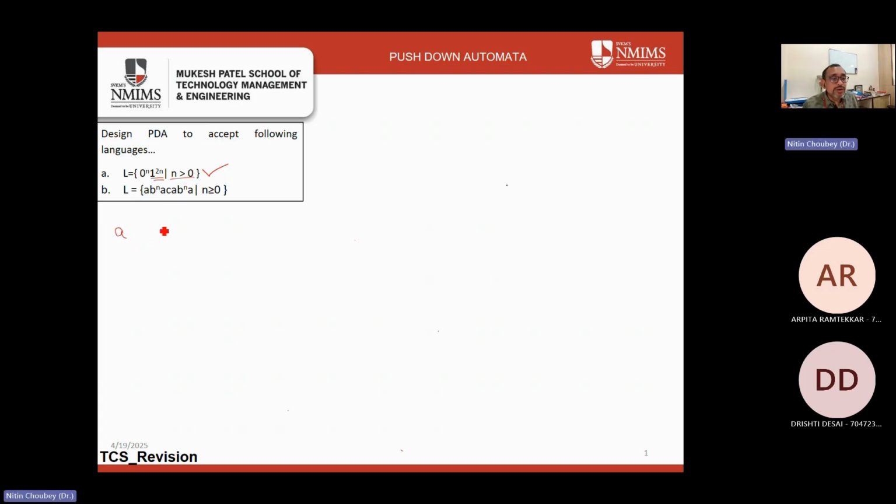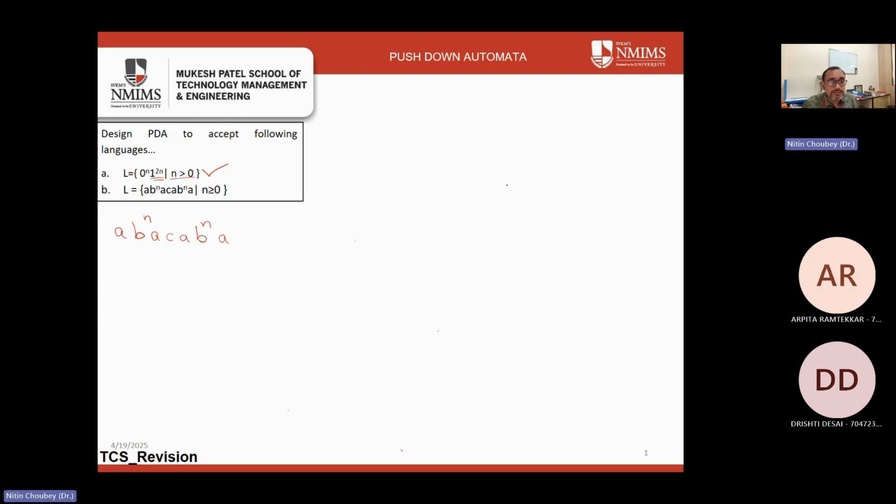We have a string shown like this: a b raised to power n, the language says this, followed by a, then c, then a, followed by b^n, and then a, where n is greater than or equal to 0. That means n could be epsilon also, n could be 0 also. We may have b's or we may not have b's.